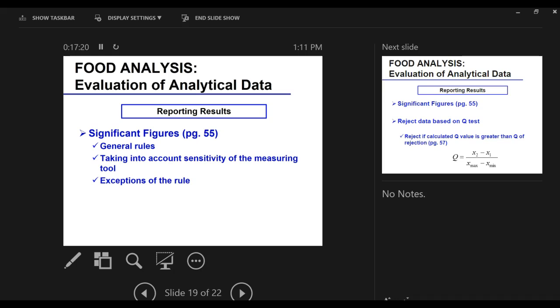So how would my value be reported? 2 numbers after the decimal. So in this case, when I have a decimal point, I go not necessarily by the significant figures, but more by how many numbers after the decimal I have, because this indicates sensitivity. Alright, so I report it as this. So it ends up to be 4 significant figures, but 2 decimal points, because I have the least decimal points this time.